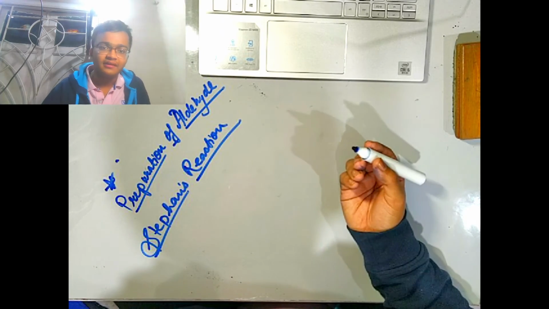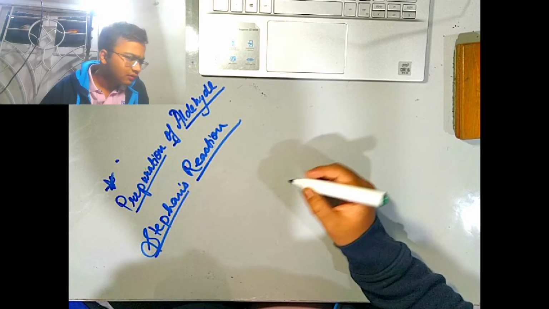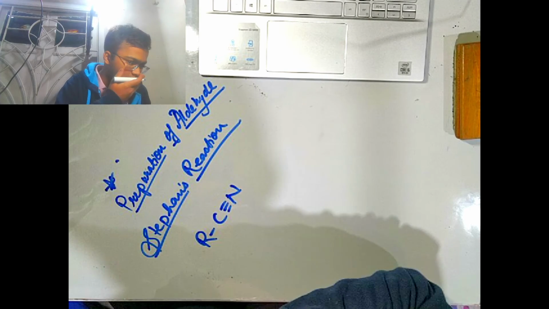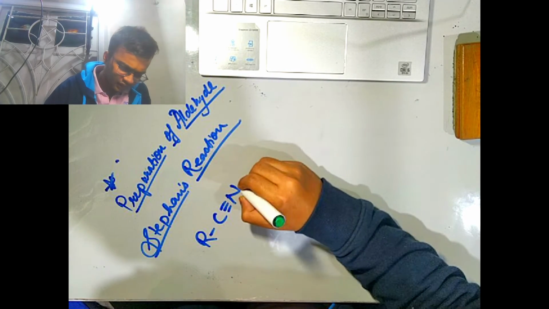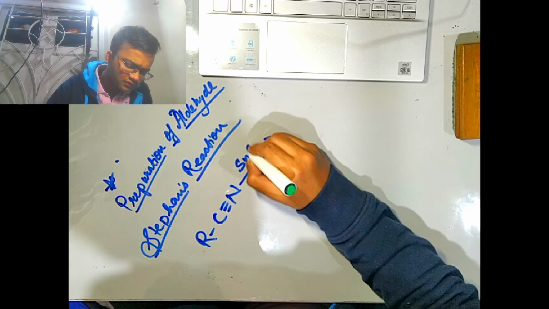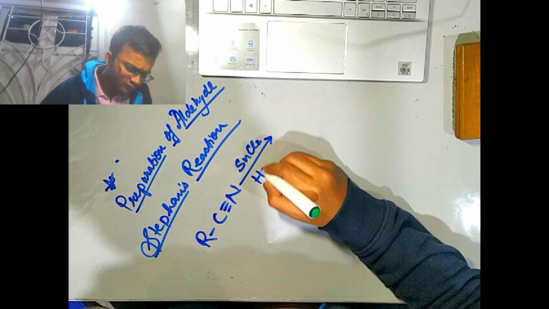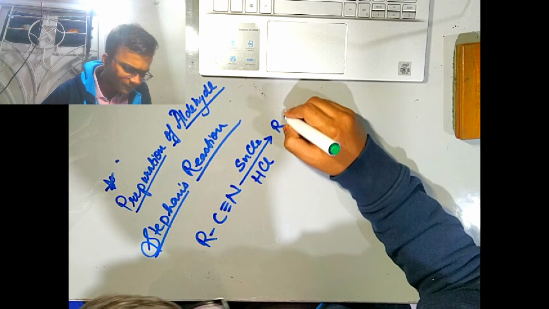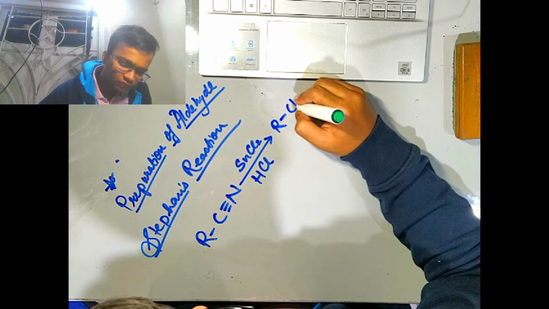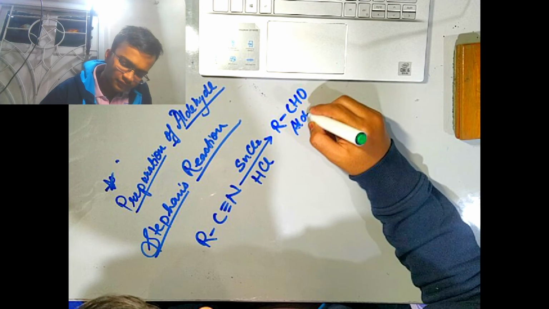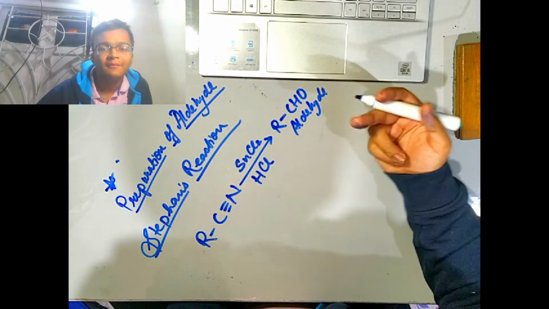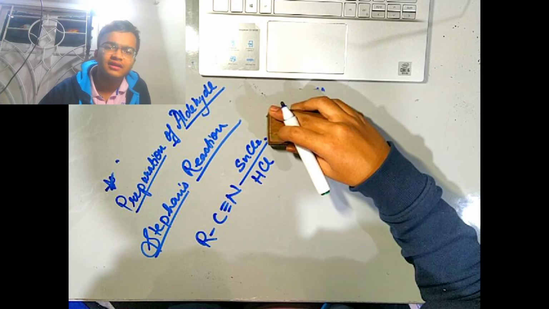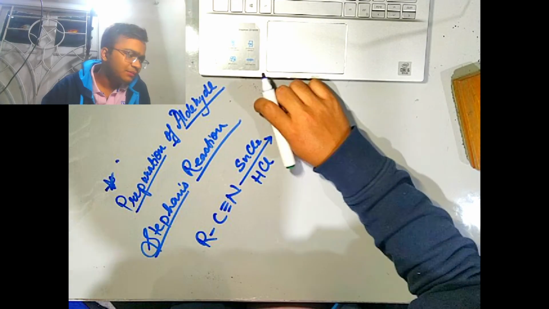Here we take a nitrile, an alkyl nitrile, RC triple bonded N. I treat it with SnCl2 in presence of HCl. As a result of this, I get an aldehyde, RCHO. I am not getting this directly, but I get an intermediate product here, which is called imine.